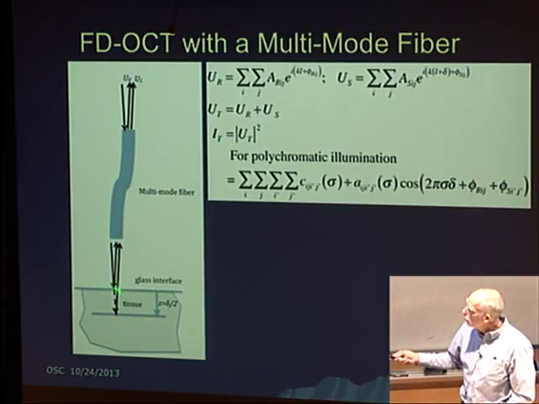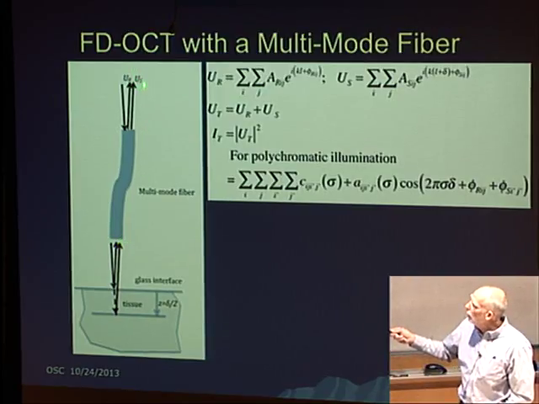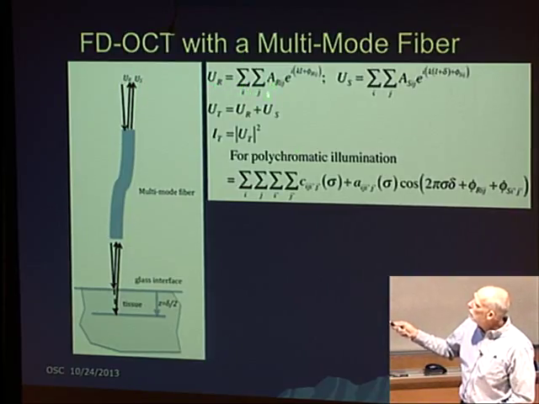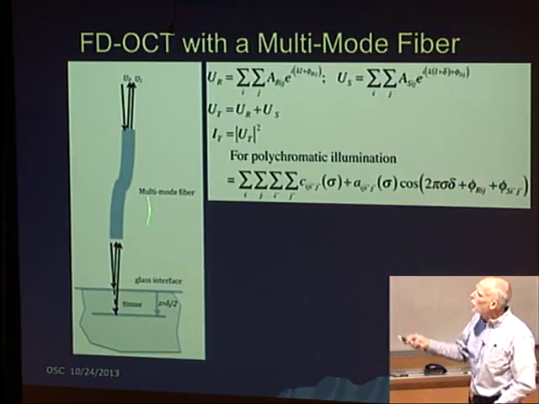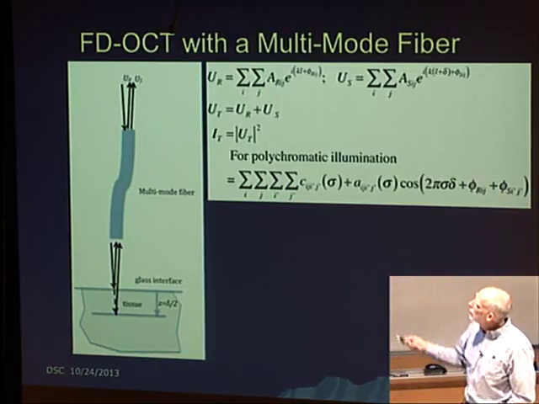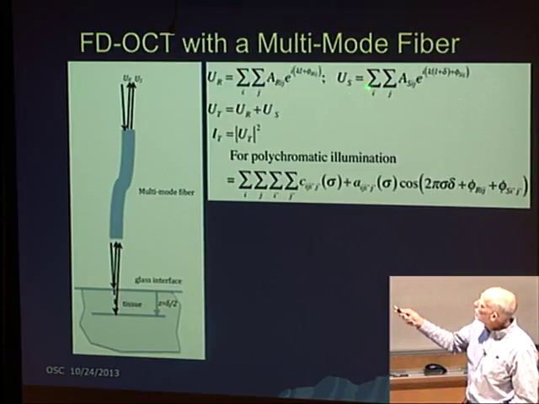Each of those modes is going to reflect and come back and produce multiple modes on transmission back through the fiber. So if you look at the reference field coming out, there's a sum over the modes of illumination and the modes of detection on the way back. So you get this for a reference signal. You get this for a sample signal with the delta still there.